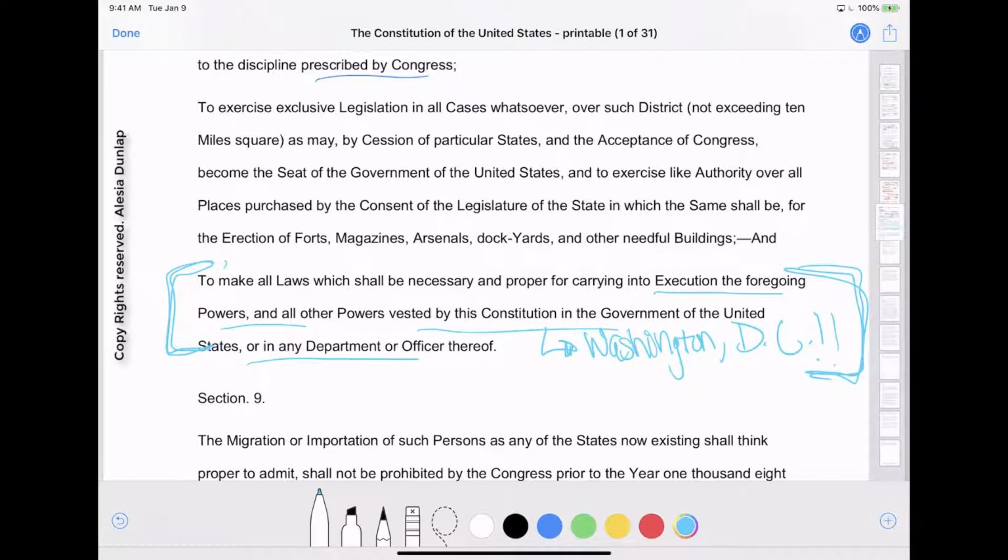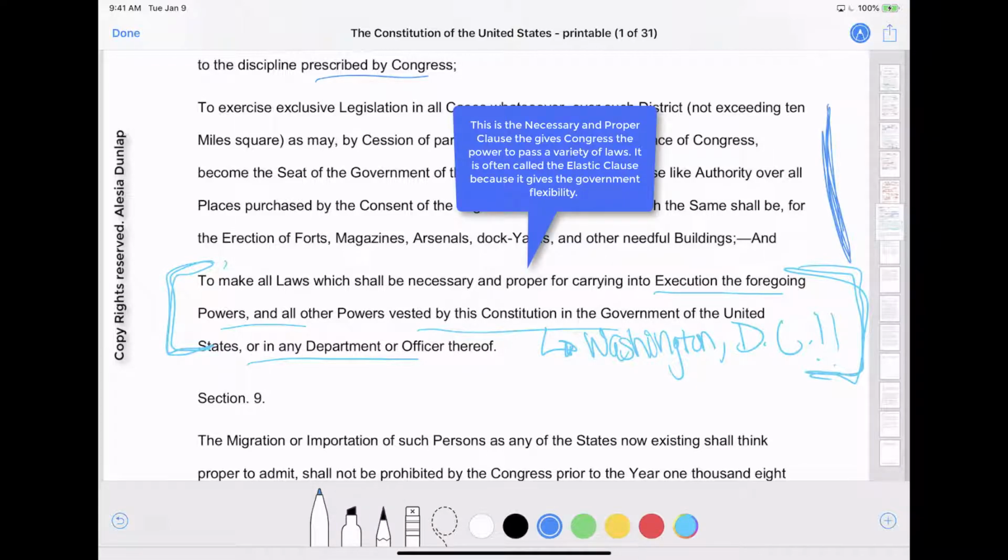Now, Congress will make laws that are necessary and proper. Congress can make laws that are necessary and proper. Oh, that sounds familiar, right? To do everything listed above. So everything from this article upward, they will make laws that are necessary and proper to do everything listed above and throughout this Constitution.